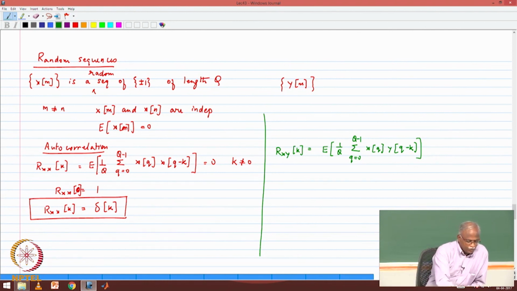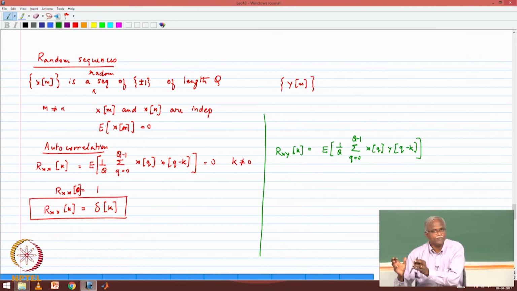When we look at the receiver for user 1 and apply the correlation based technique, the second term will contribute something. There is a user 1 signal, a user 2 signal, and then noise. This user 2 signal is going to contribute a term that is affected by the cross correlation. Ideally you would like this to be 0, but if it is not 0, what is the value? That is what we are trying to understand.